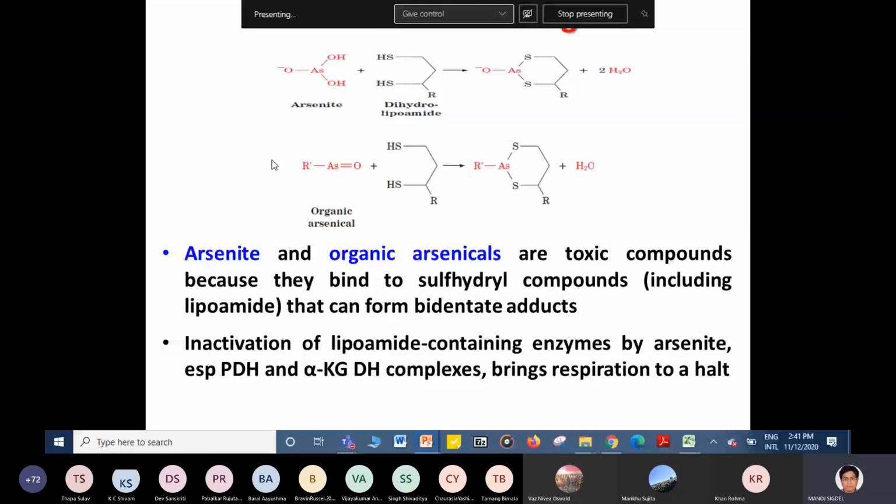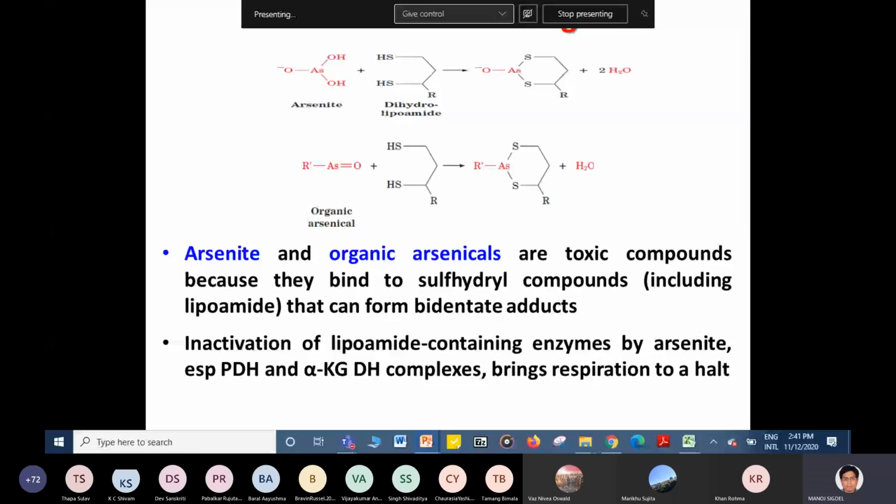That lipoamide part will be acted upon by arsenite or arsenic. Dihydrolipoamide has two free sulfhydryl sides, but after reaction with arsenic, the free sides will be closed. That means now this pyruvate dehydrogenase enzyme will be inactivated, and there will be no formation of acetyl-CoA from pyruvate, and there will be less generation of ATP.